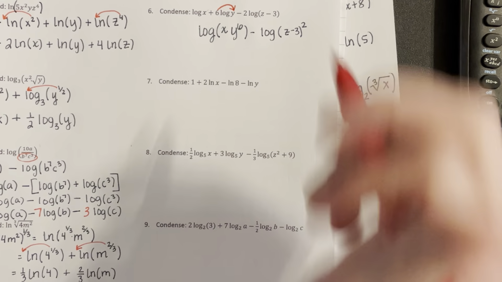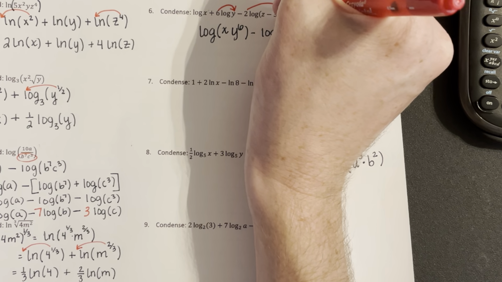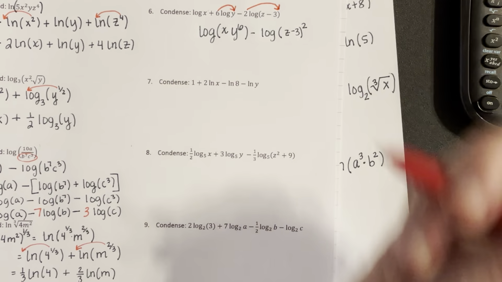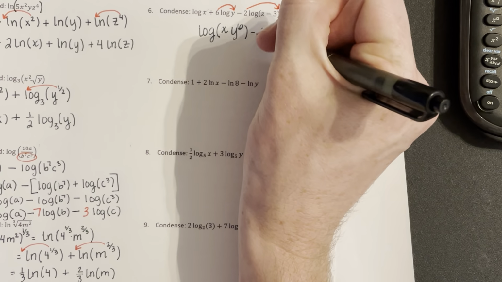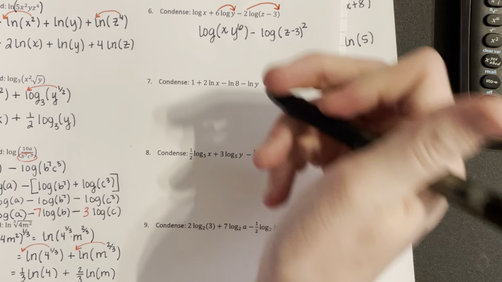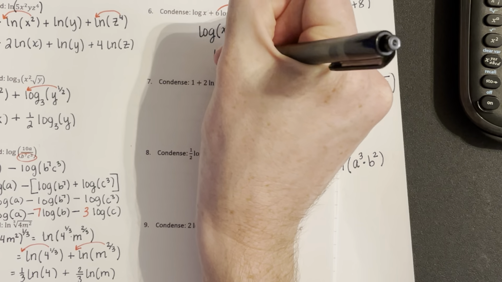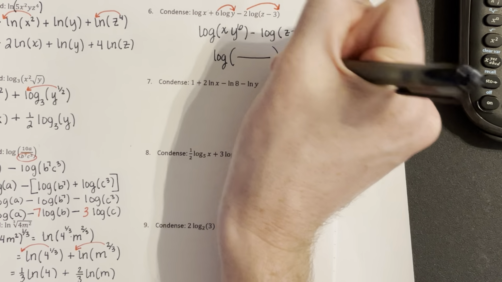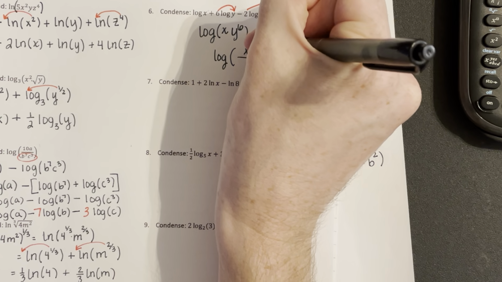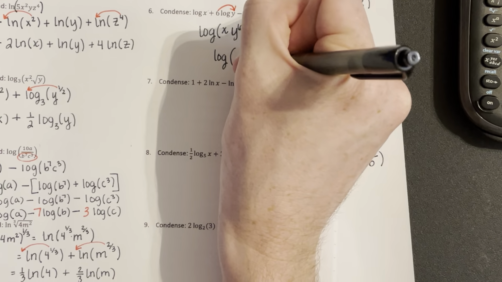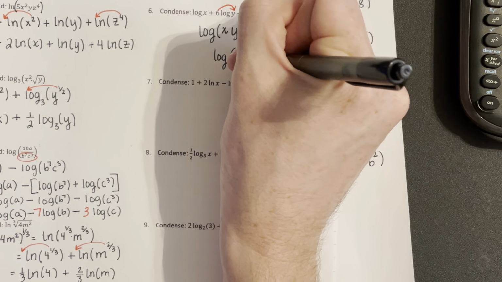There's another power property. So I always bring the power property first, and then we can use the product and quotient property. Now I see the quotient property because of that subtraction of 2 logs. So the numerator would say x y to the 6th, and the denominator is z minus 3 squared, sorry.